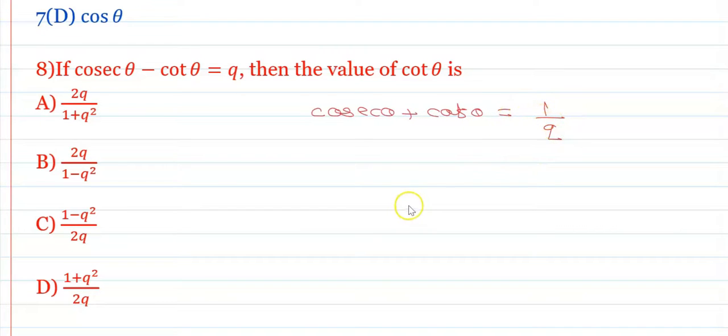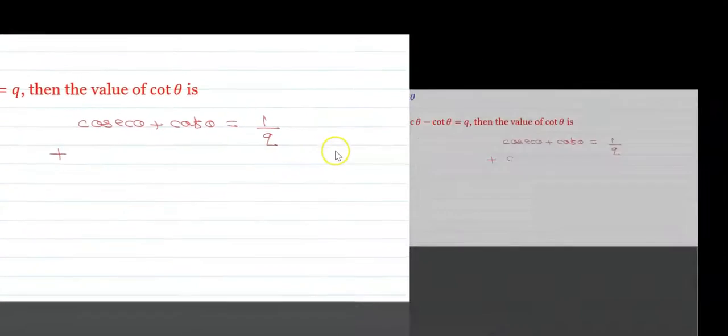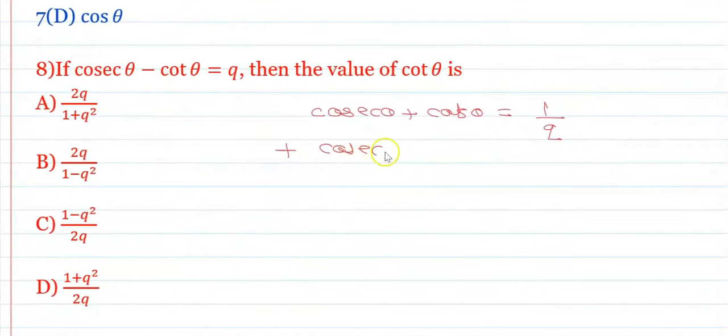That is 1 upon Q. Now we will subtract these two terms. Here, cosec theta minus cot theta is equal to Q.